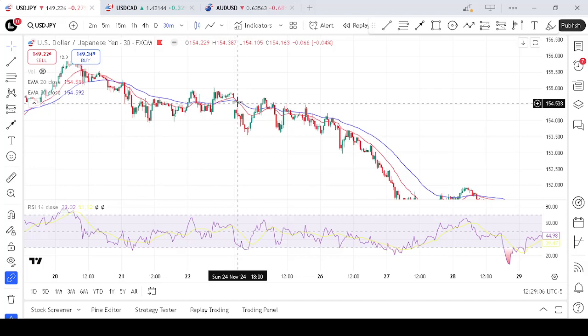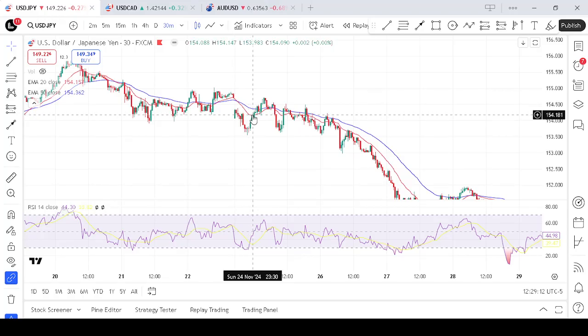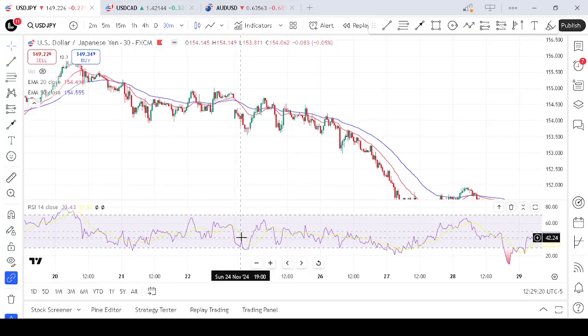As you can see here, the 20 EMA, which is the red line, trades below the 50 EMA, shows us yes, this is a signal for lower prices. We look at our RSI and we can see that yes, price is really trading below the 40. It's really moving below the 40 area.